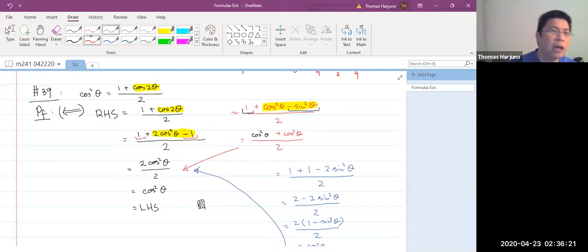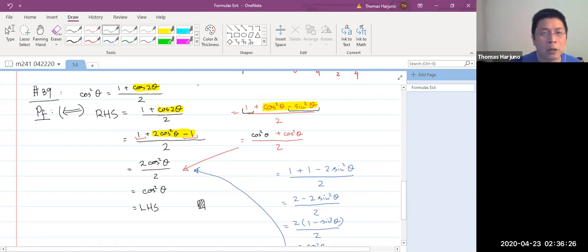Even though I regret that we don't call this any group, in some textbooks they call this the power reduction formula, for cosine squared theta. If you have cosine squared, there's a square there. You want to reduce that to the power of 1, but if you reduce the power 2 to the power of 1, then you get a double angle. Now, those are the proofs.